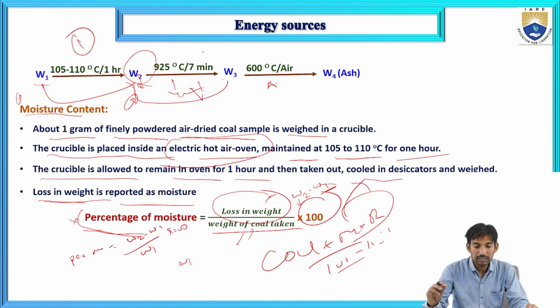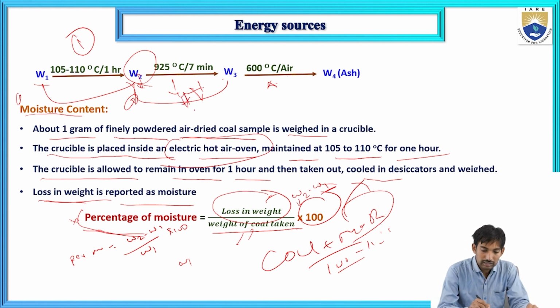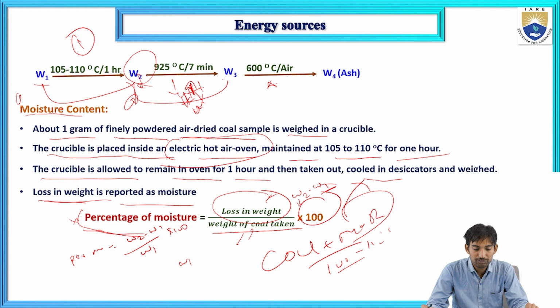We are keeping the lid on, so there is no air present. We perform this in anaerobic conditions. We heat this dried charcoal at 925 degrees centigrade for 7 minutes, and any volatile matter in the coal will be removed.